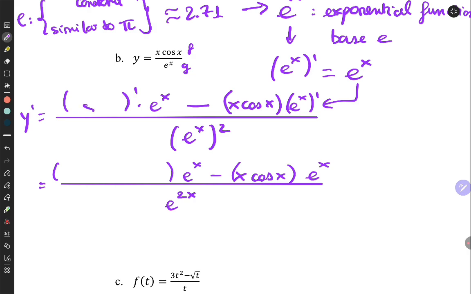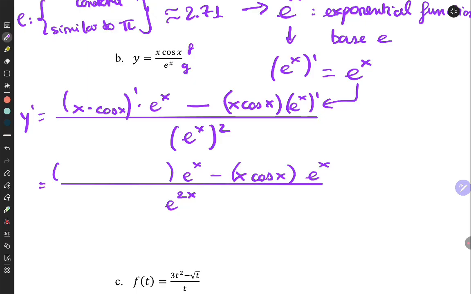Or if it's only x, you also know the answer. But this is x times cosine of x. Don't give me the answer. Give me how you're going to do this. How you take the derivative. Use the product rule for x times cosine x.